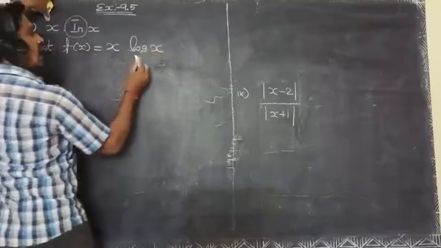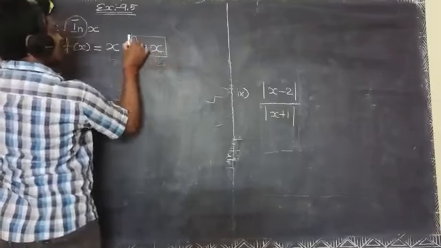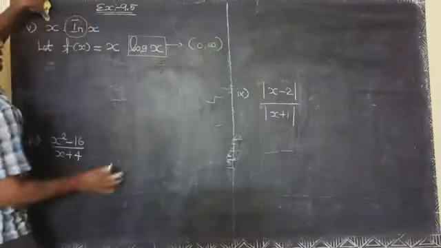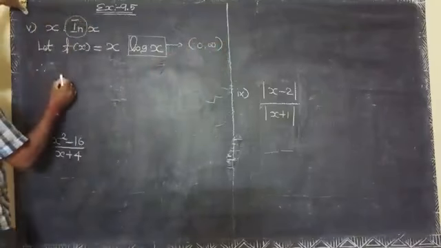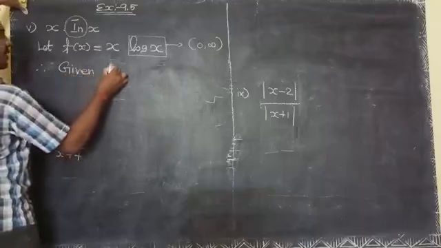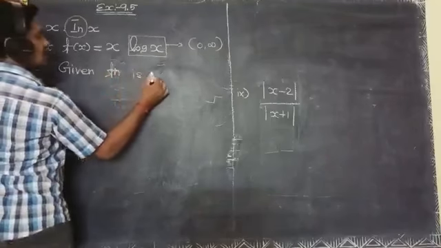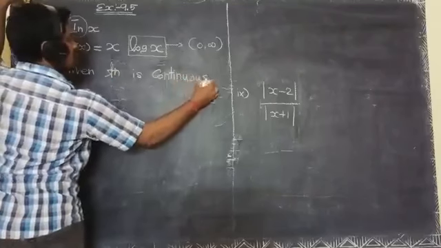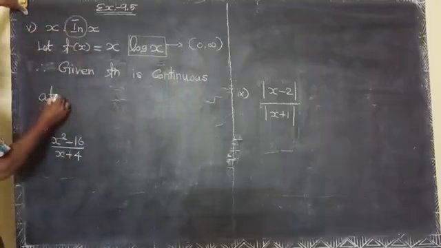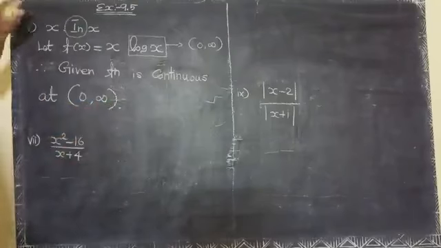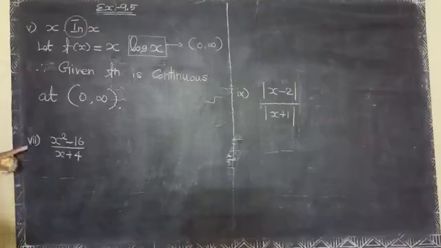We know that the domain of log x is 0 to infinity, that is an open interval. Therefore, the given function is continuous on the open interval 0 to plus infinity.